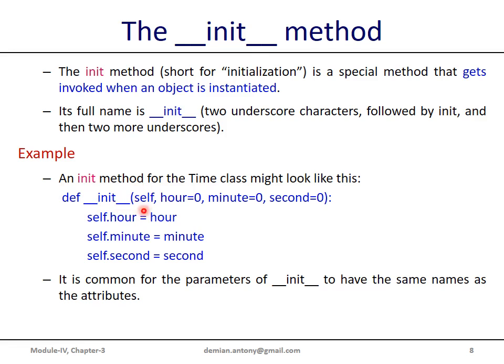This is the subject, the self object, and we have three default parameters. What are these default parameters? If a method call doesn't supply the argument, these default values are used. The body of this method will assign these default parameters to the attributes hour, minute and second respectively.